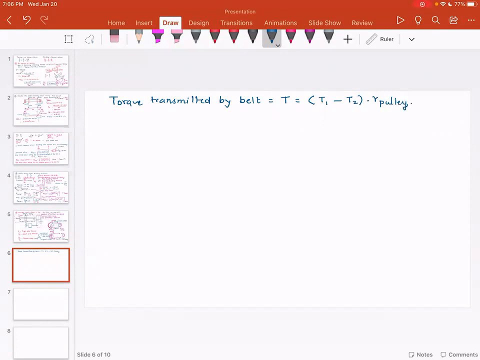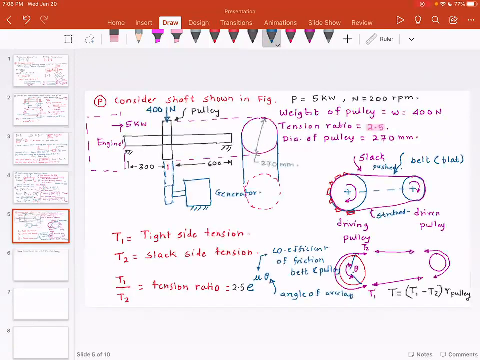Now, why are all these equations important? Let's start with the setup that we have. We have a shaft, and on this shaft we have a pulley. This pulley has a self weight W. In addition to this W, the belt is applying some tension T1 here and some tension T2 over here.